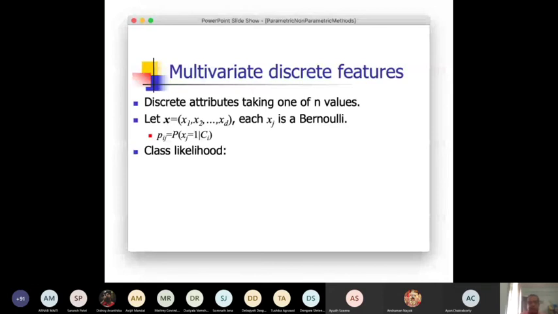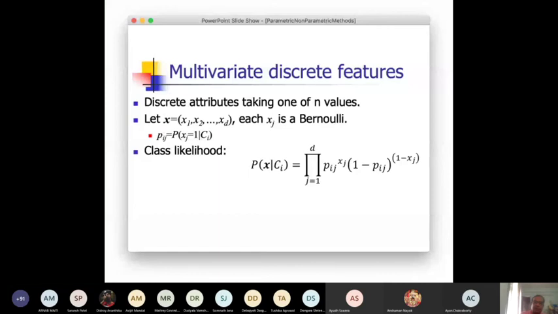So it's a simple extension of the Bernoulli distribution with this representation. It's a simple product of all the probabilities independently for all the attributes, and this is the expression. So there are d attributes, so you have d product terms.